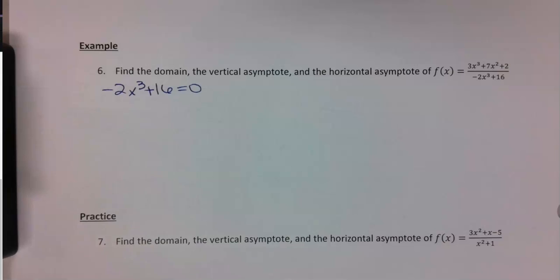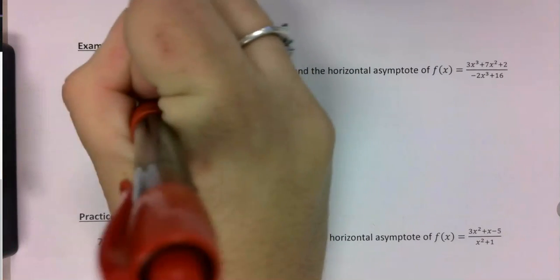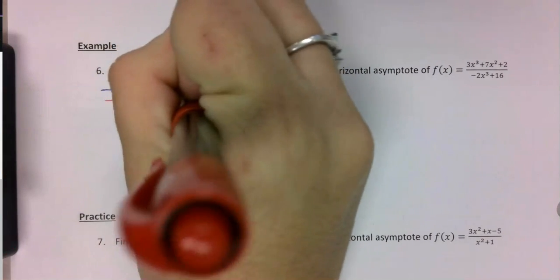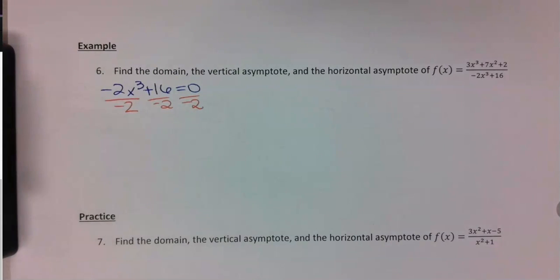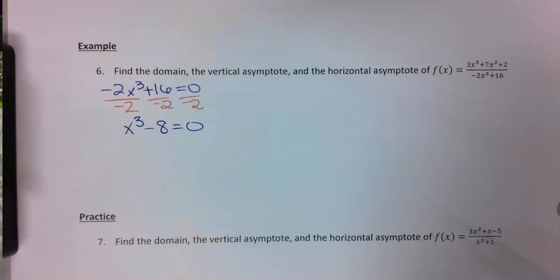Okay. Then what I can do is divide everything by -2, which gives me x cubed minus 8 equals 0.